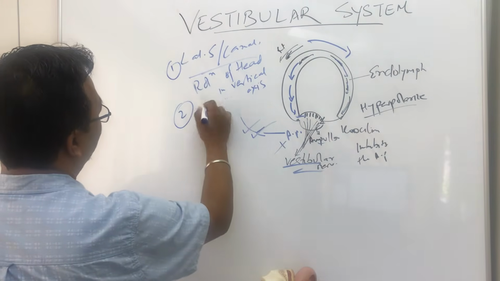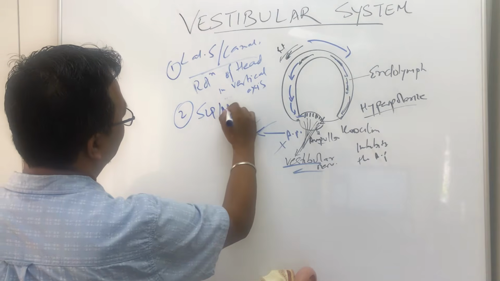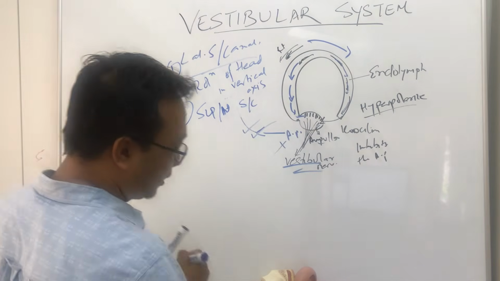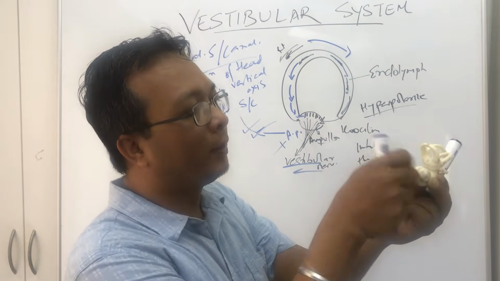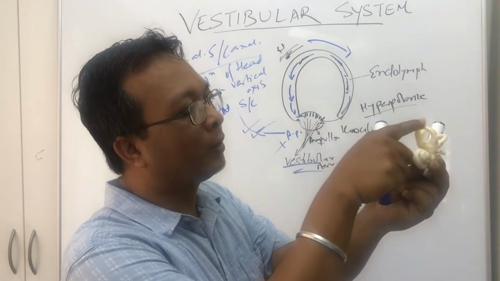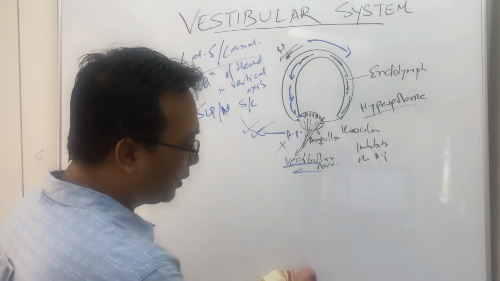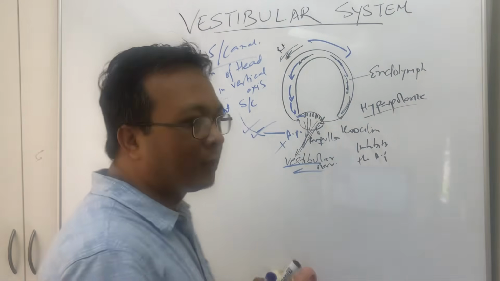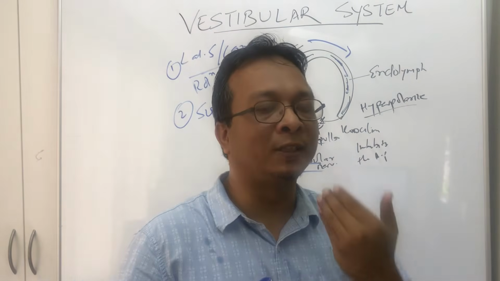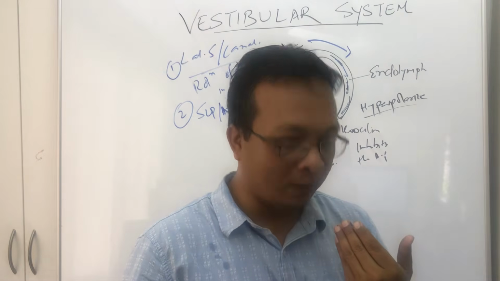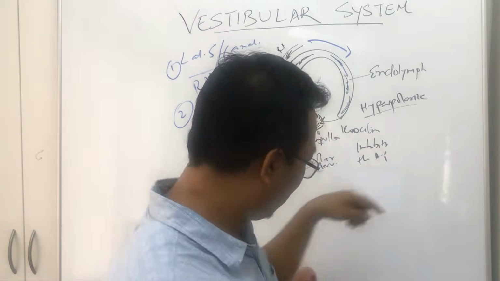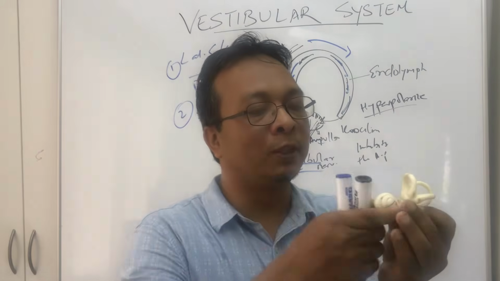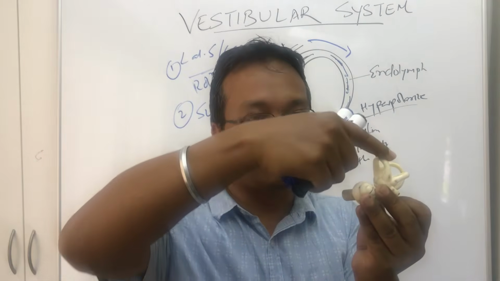Okay, the superior or anterior semicircular canal, they mainly tell about the rotation of the head in the sagittal plane, meaning nodding of the head. When you are nodding your head, that is done by the superior and anterior. If you see the position of the semicircular canal, this is the superior or anterior semicircular canal.